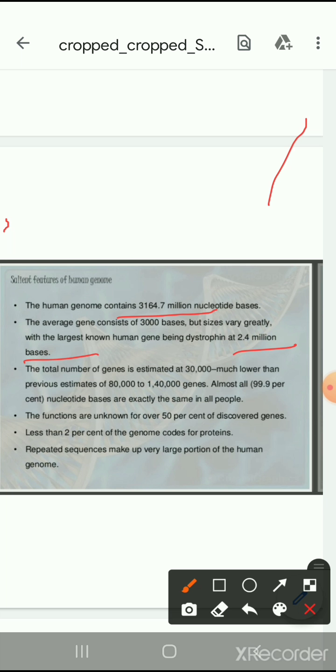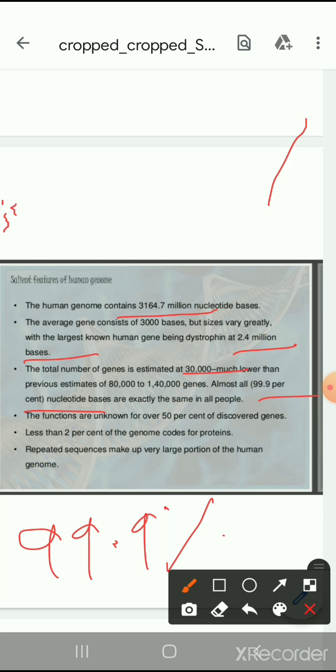The total number of genes in the human genome is estimated at 30,000. Almost all, 99.9%, of the nucleotide bases are exactly the same in every human individual.